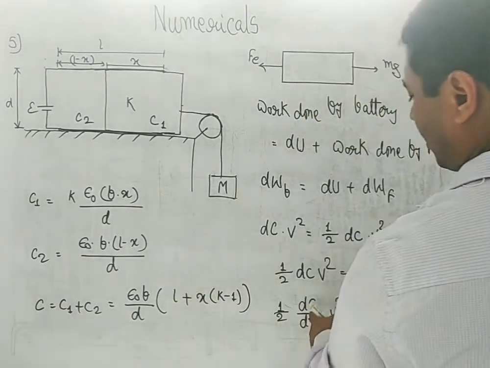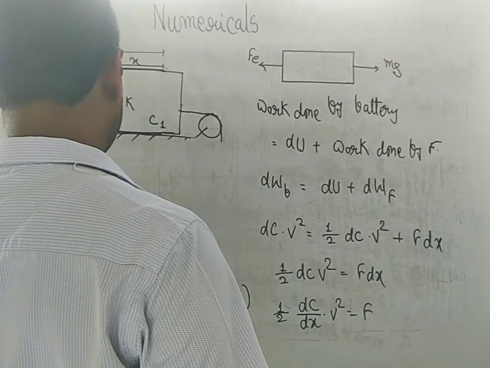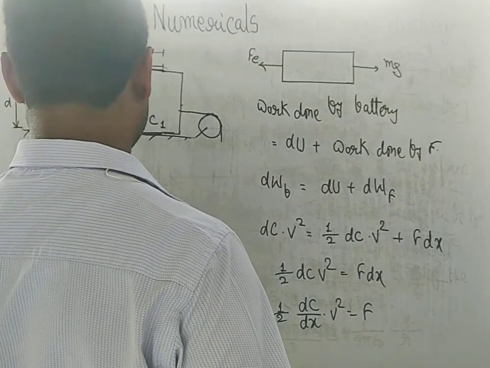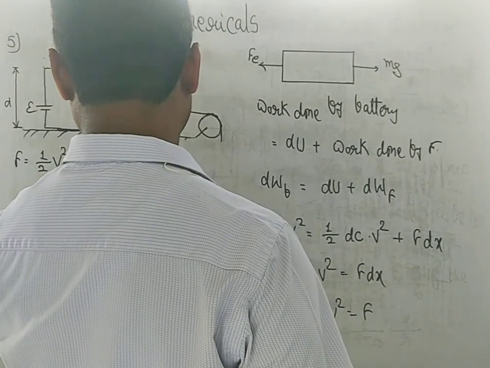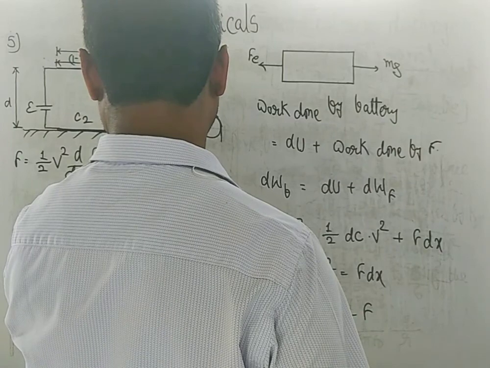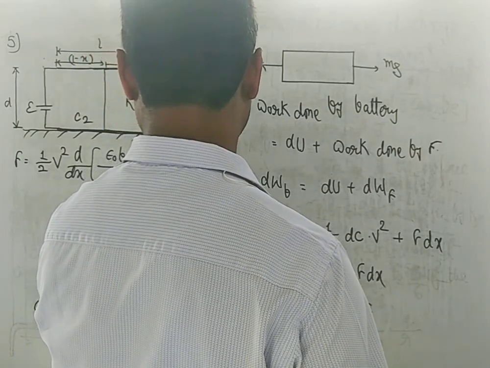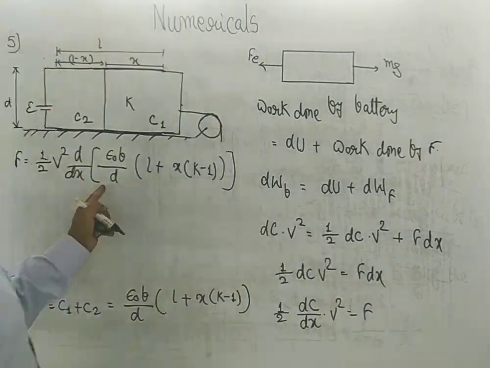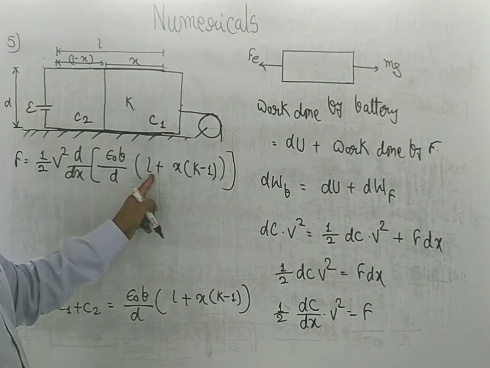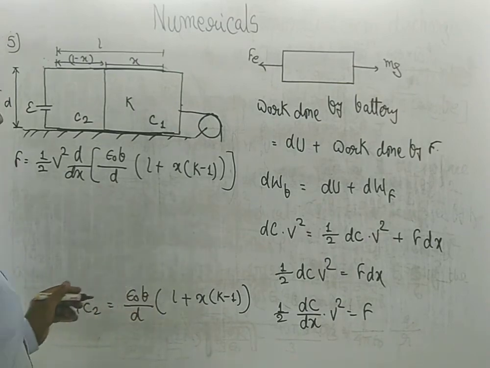Just differentiating C with respect to x, half V square d by dx of epsilon naught b upon D into (L plus x into (K minus 1)). L is constant, so its differentiation will be 0, and the differentiation gives only this K minus 1.